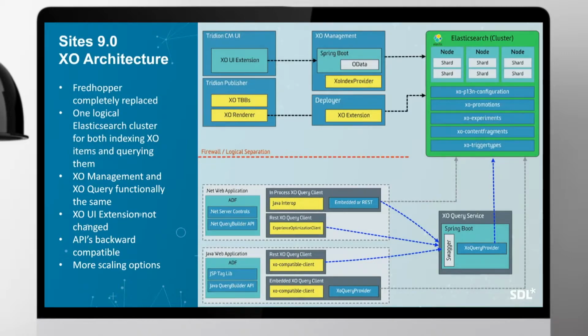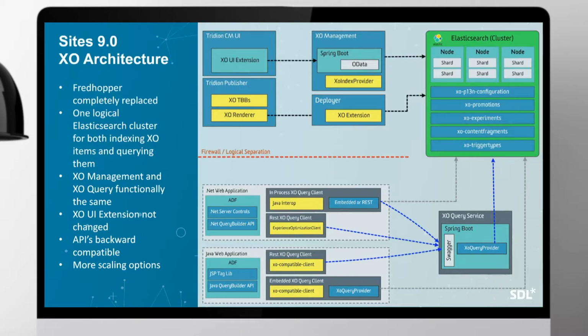We still have the XO TPBs and the XO templating renderer talking to the deployer, which has an XO extension, and that's been basically rebuilt into the new sort of deployer pipeline mechanism that came out, I think, with 8.1 already. And instead of having this separate Smart Target Web Service talking to Fredhopper, that deployer XO extension now talks straight into Elasticsearch.